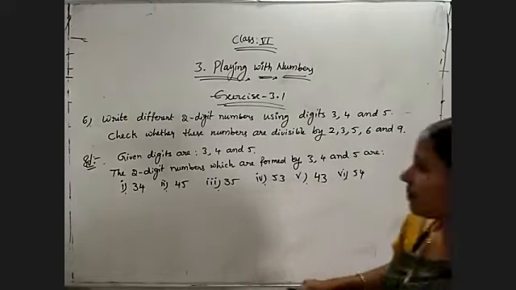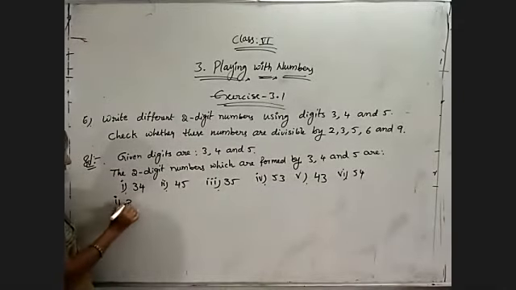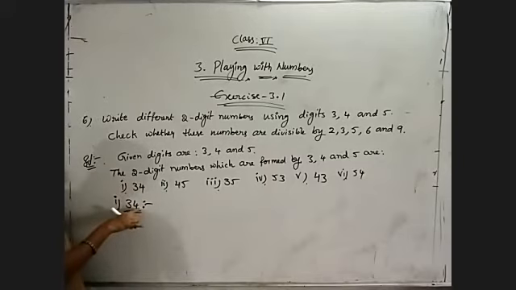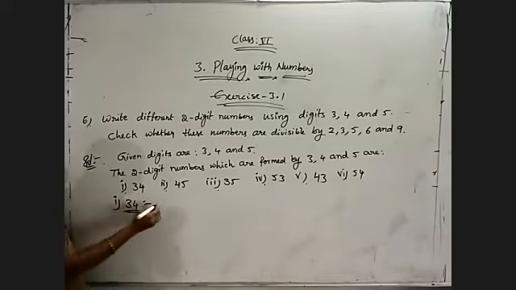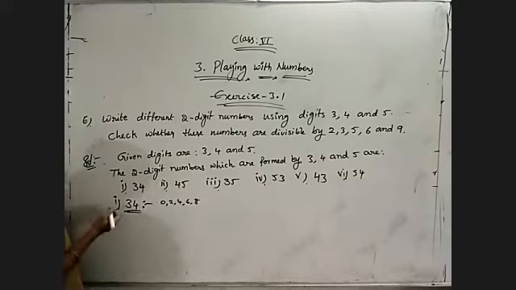Okay, check. Observe the first one, 34. Because 4 is there in the unit place, it is divisible by 2. What is the divisibility rule of 2? If 0, 2, 4, 6 or 8 is there in its unit place, then it is divisible by 2.